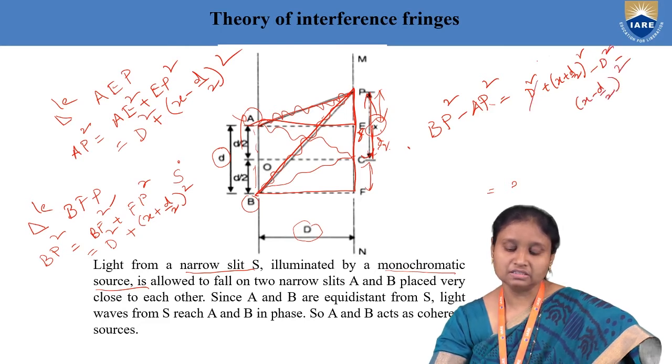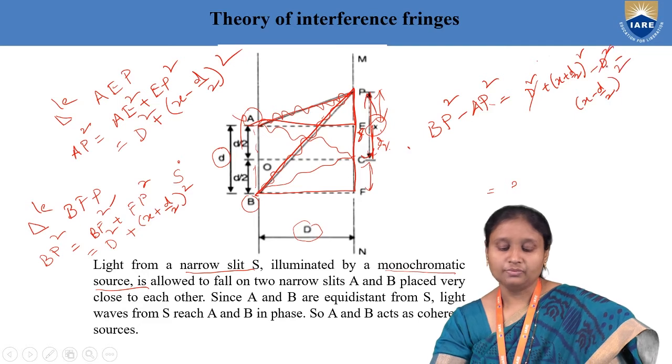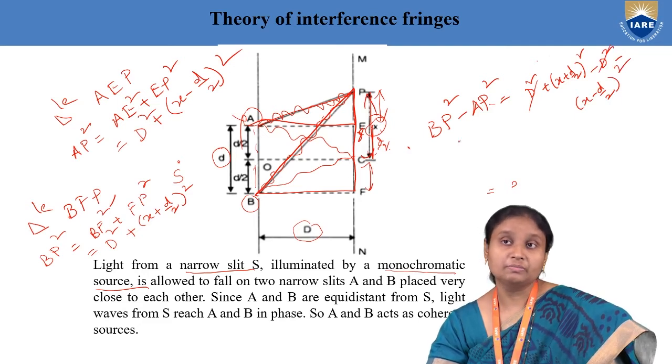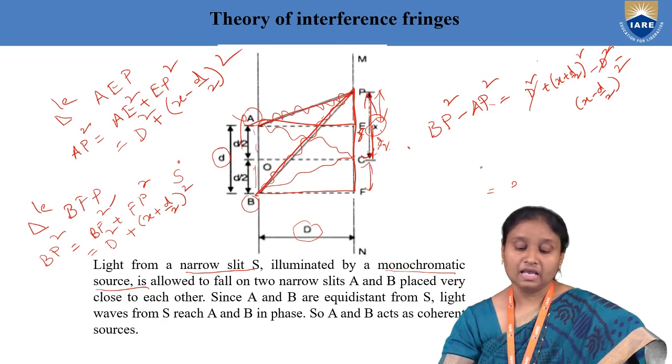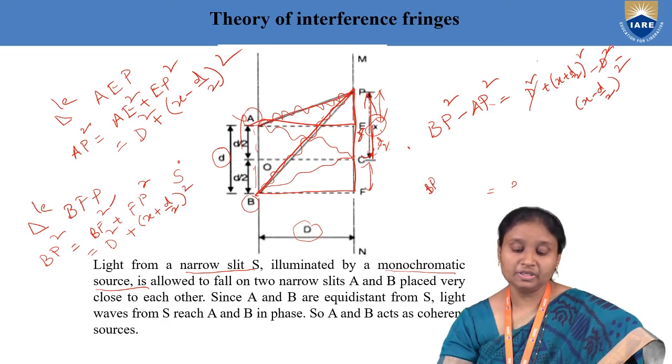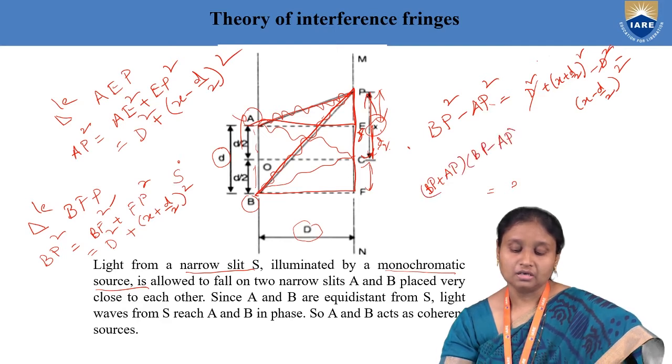This d square and d square will get cancelled. And you will observe that BP square minus AP square is in the form of a square minus b square, and this we can write as (BP plus AP) into (BP minus AP).